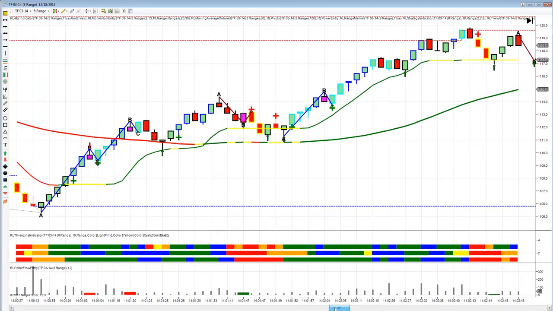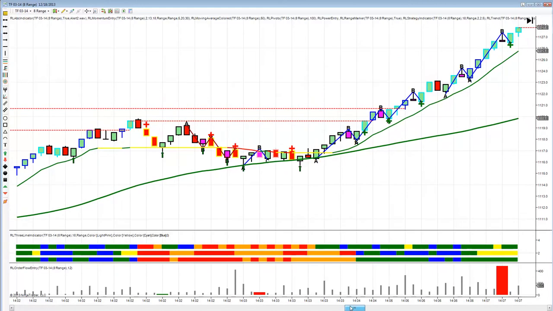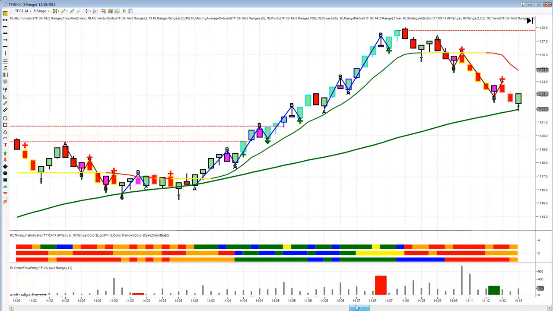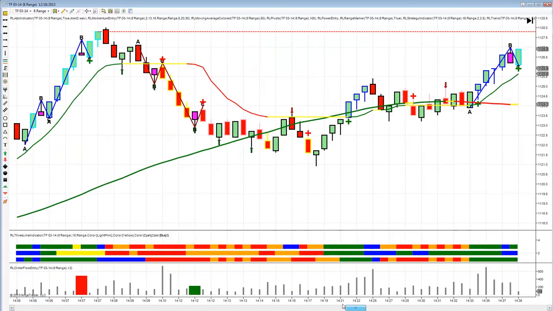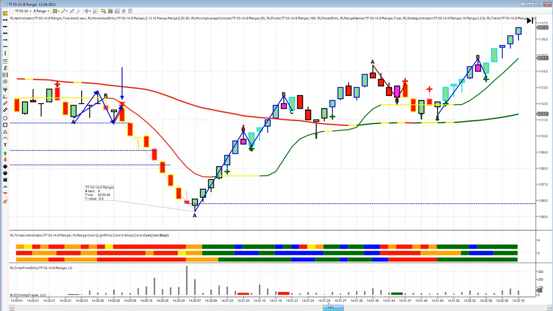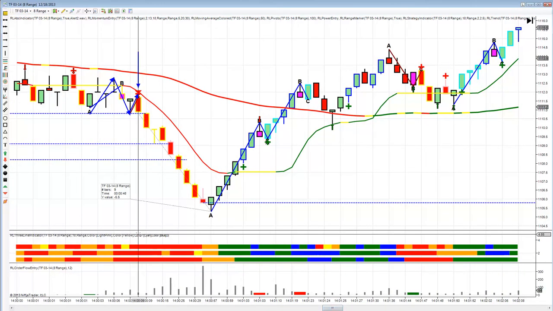Now let's find one more strategy entry. And again, it's simply based on regression analysis. That's the logic of the indicator. Now the thing about the power entry is, and let me go back to the one that we just took, is that the power entry must come with order flow and momentum in your favor. So the strategy entry is not just a simplified indicator whose logic is based on the regression analysis alone, it is based on the alignment of momentum.